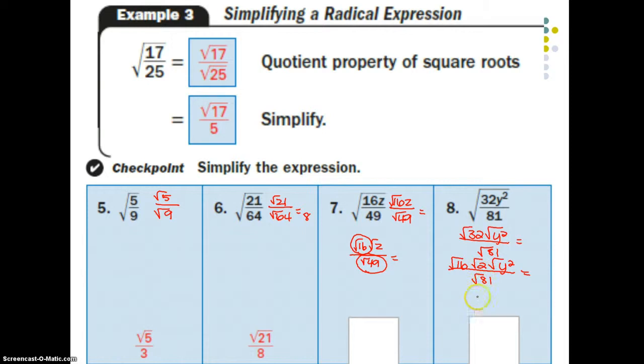I'll finish number 8 for you. So, square root of 16 is, actually you can do this one on your own. Square root of 16 is perfect. Square root of 2 is not. You can get rid of the square root of y squared, and you can simplify the square root of 81. Go ahead and simplify that. See Mrs. Shea to get your answers checked.